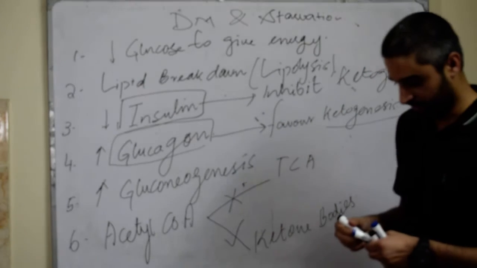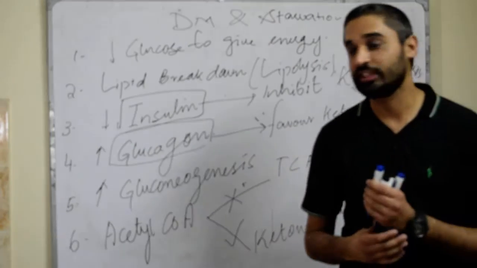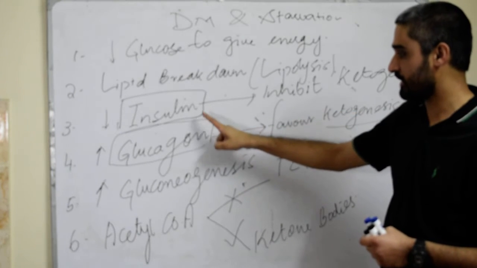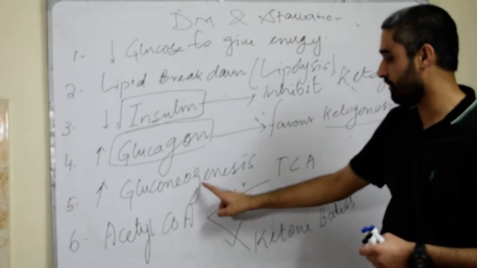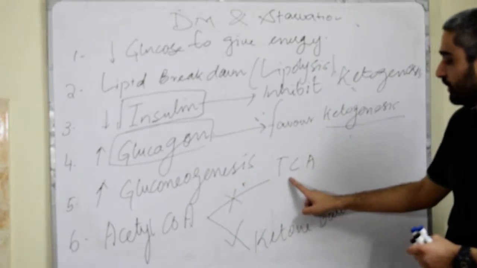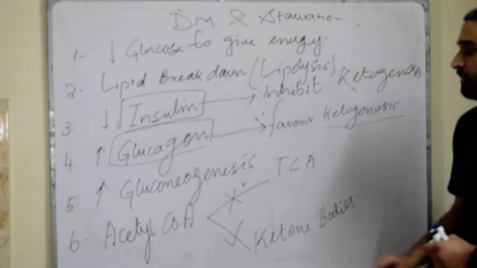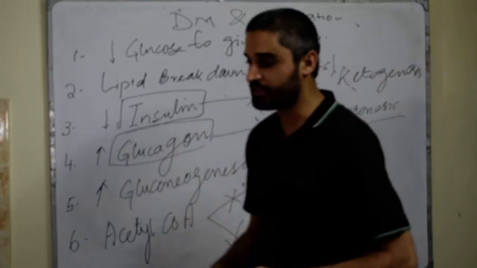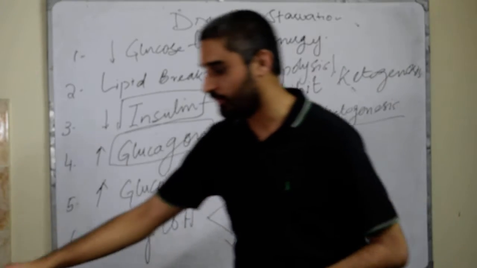So these 6 steps are similar in diabetes mellitus and starvation: glucose is less, lipid breakdown is more, insulin is less, glucagon is more, gluconeogenesis is more, and acetyl-CoA is used in the formation of ketone bodies.